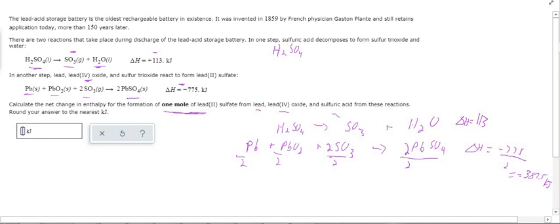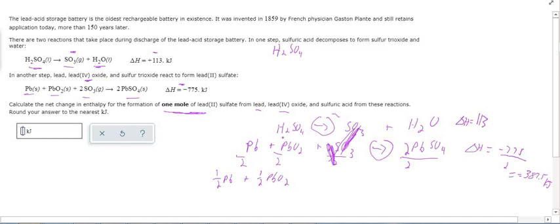Okay, so notice when I do that, that becomes 1 SO3, so that when I add these together, where SO3 is on the right hand side of that equation and SO3 is on the left hand side of the equation, those will cancel out when I add them. So when I add these two equations together, it's going to be 1/2 lead plus 1/2 PbO2.